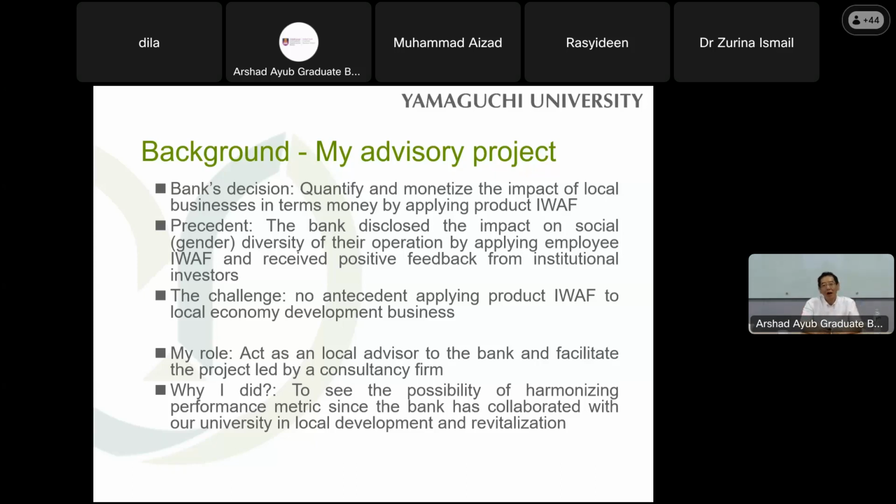But I decided to join this project to see the possibility of harmonizing performance metrics between the bank and our university. Both institutions are responsible for revitalizing or developing the local economy.